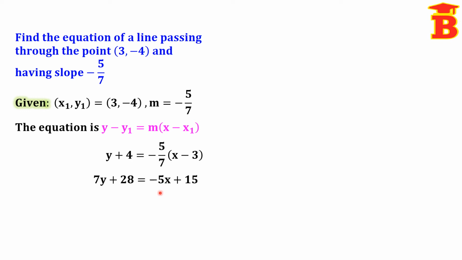Arrange all the terms on the left side. -5x take left side, +5x + 7y. This 15 take left side, -15. So 28 - 15 = 13, equal to 0. This is the answer.